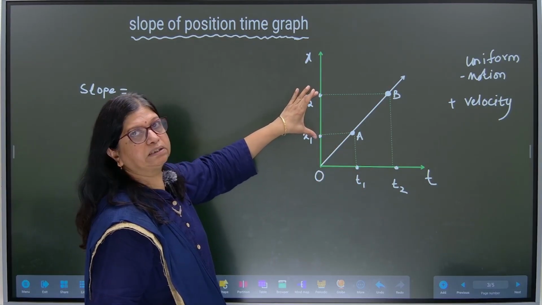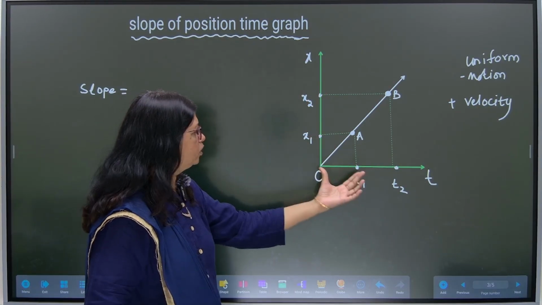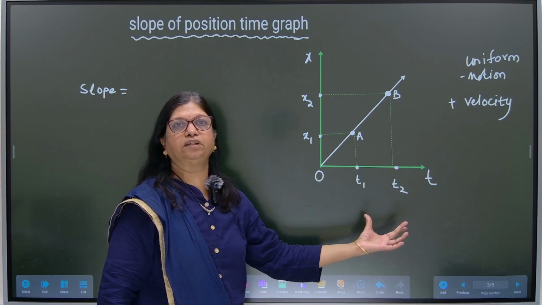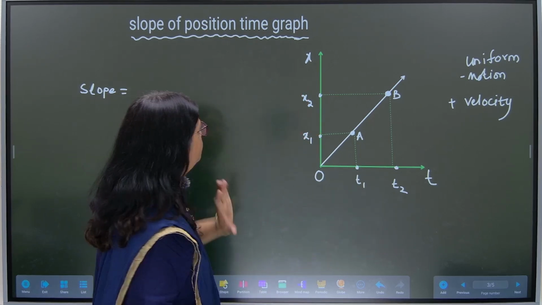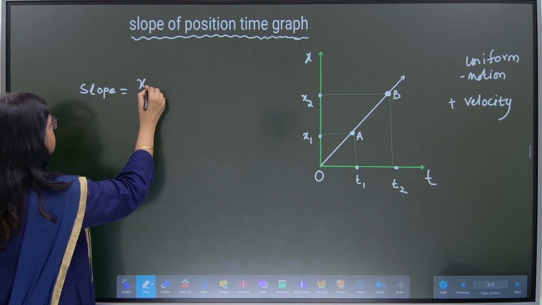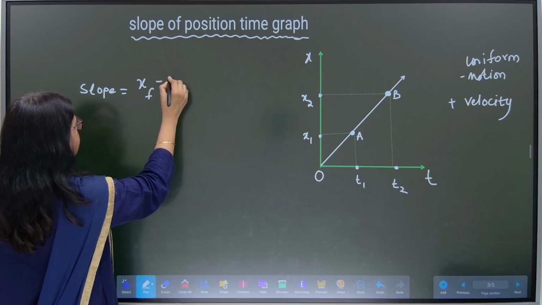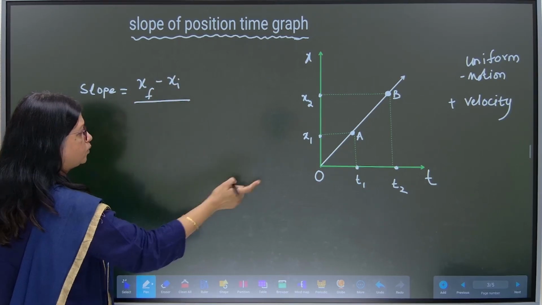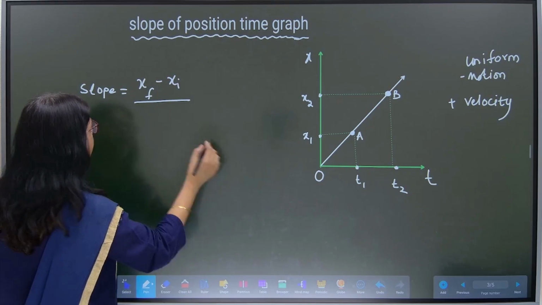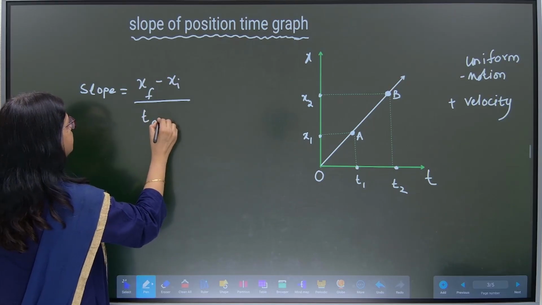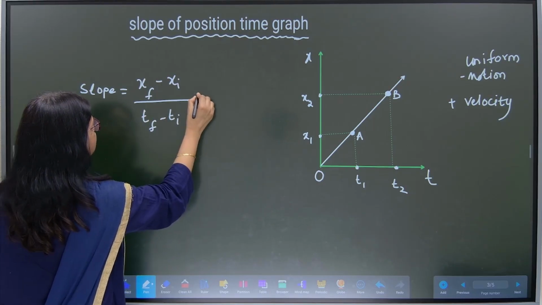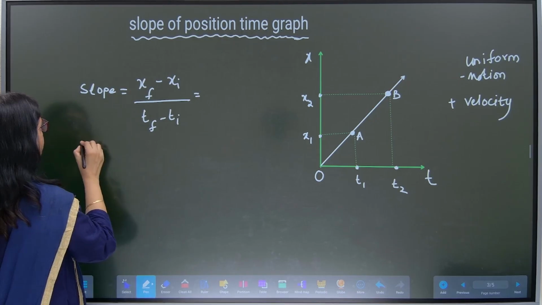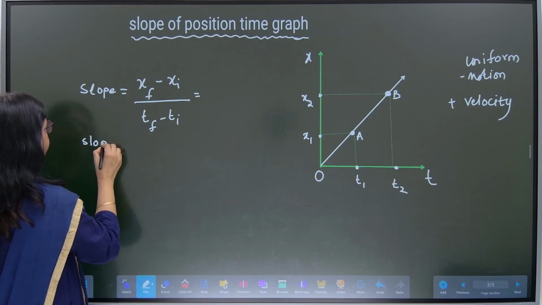Y-axis coordinates difference upon the x-axis coordinate difference. So what is the final position on y-axis? xf minus xi, the initial position, and what was the original time and final time? tf minus ti.